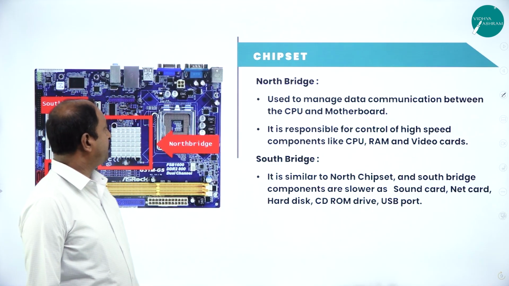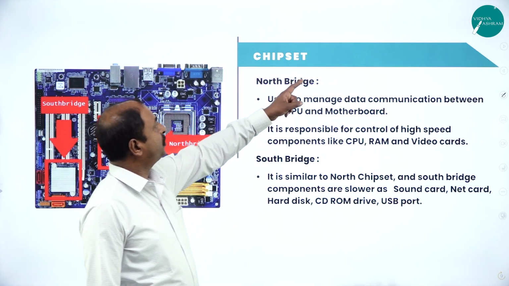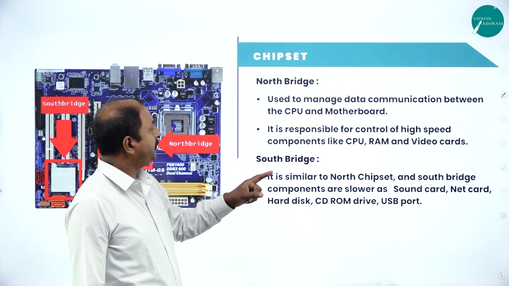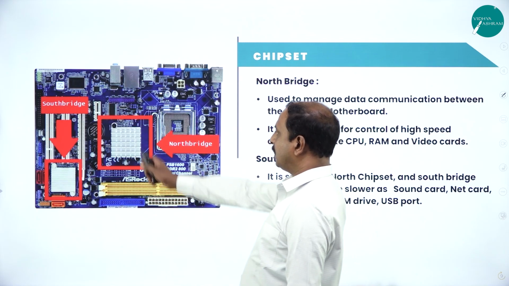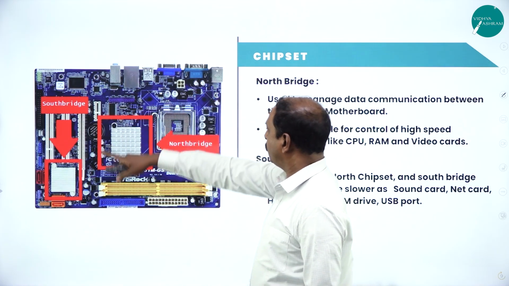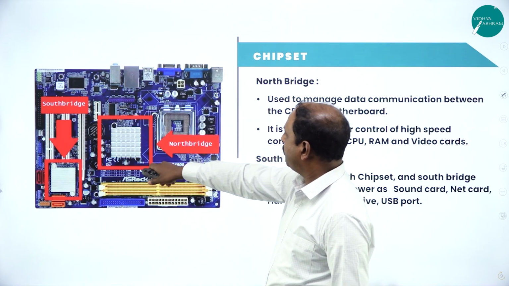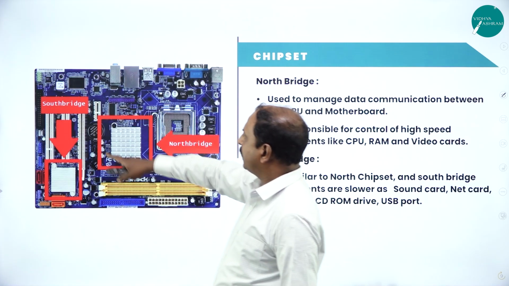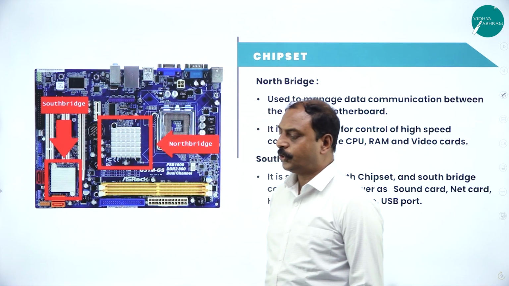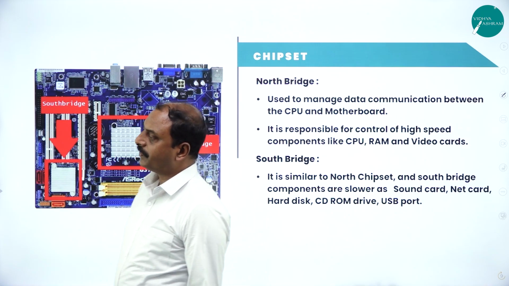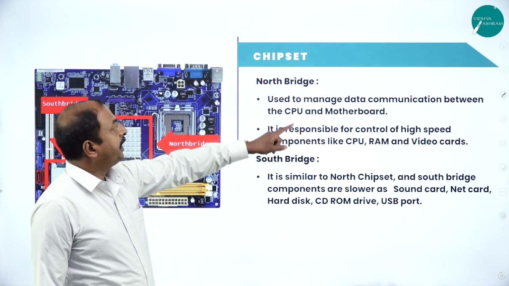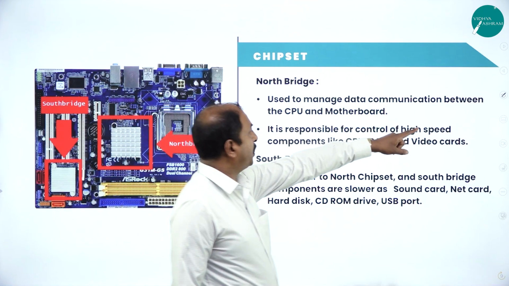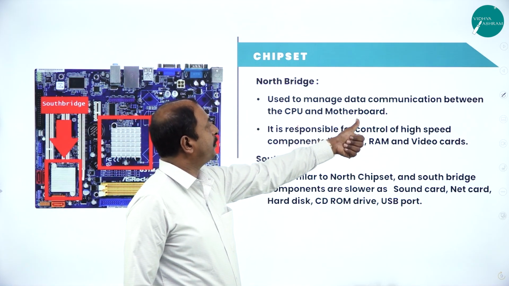Now if you look at the chipset, there are 2 chips, one is the north bridge and one is the south bridge. You can see in the picture, this is the motherboard where you can see one chip is the north bridge and another is the south bridge, and as I told you, together we call it a chipset. The north bridge is used to manage data communication between the CPU and the motherboard.